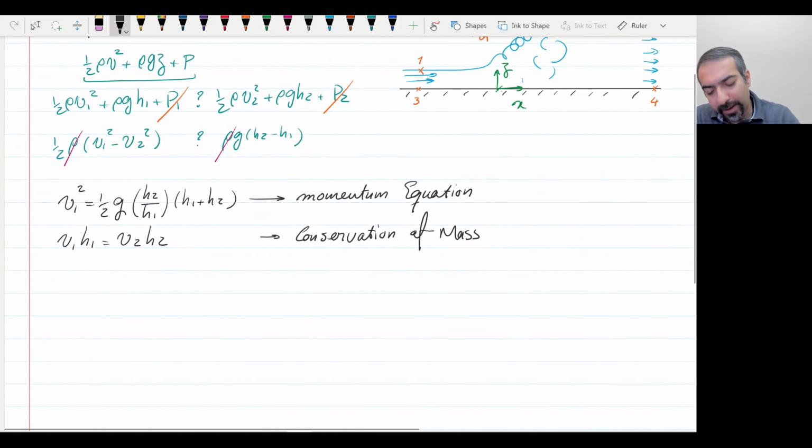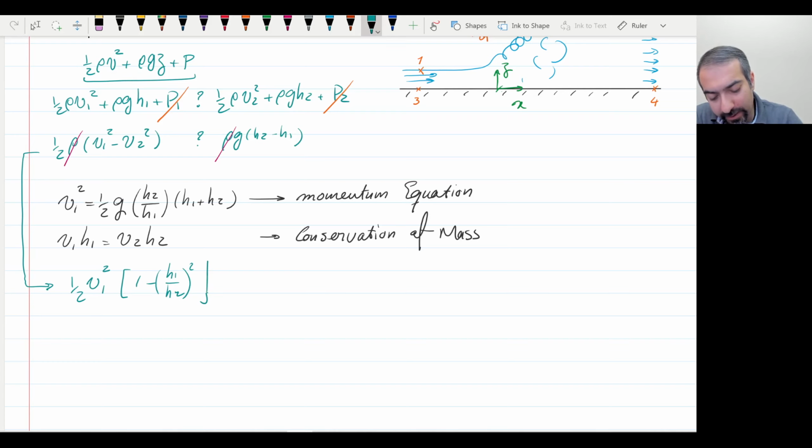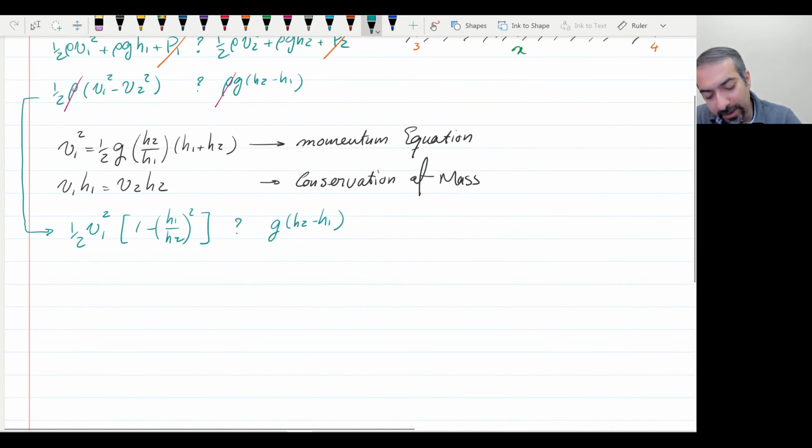All right, so now using these two equations, life becomes simpler, because now this is 1/2 v1 squared, and instead of v2, I can simply put v1 h1 over h2. So it is 1 minus h1 over h2 to the power 2. And I'm going to compare this with the other side, which is g times h2 minus h1. I want to see the relationship.